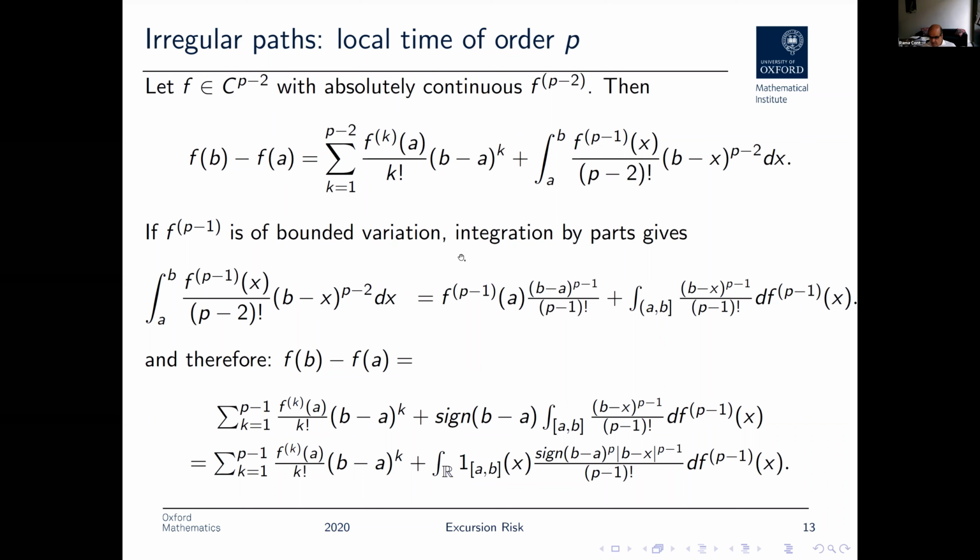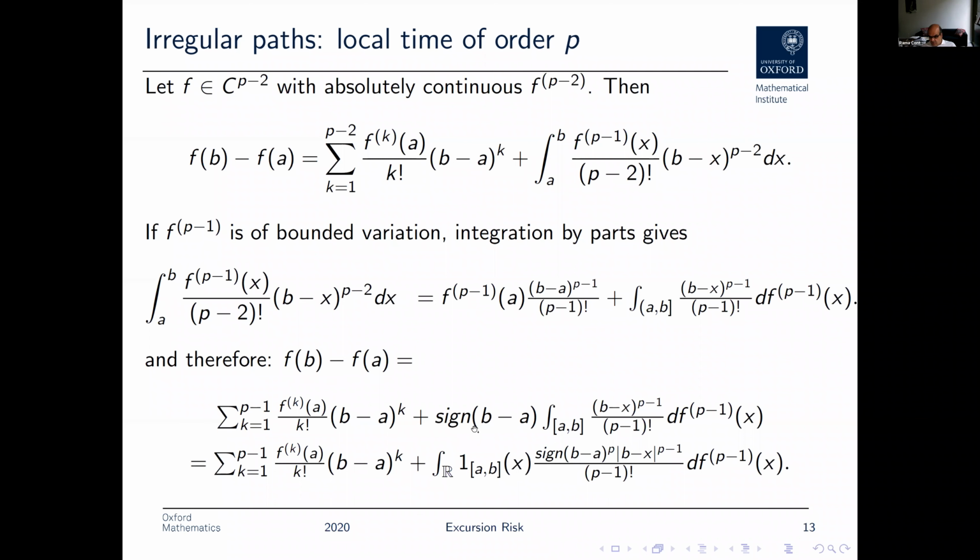So this is just a change of sign in the integral here. And then the last term is the form here. But I can also absorb the sign inside and write this in this form.